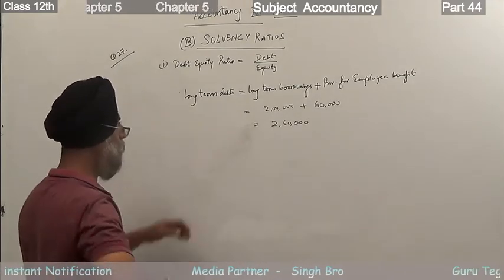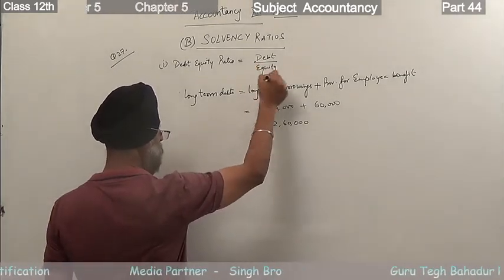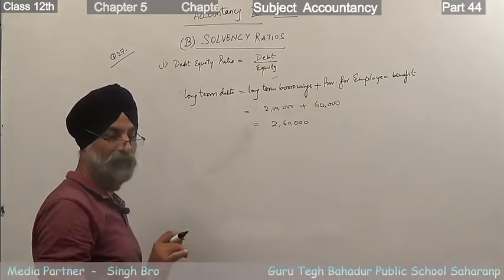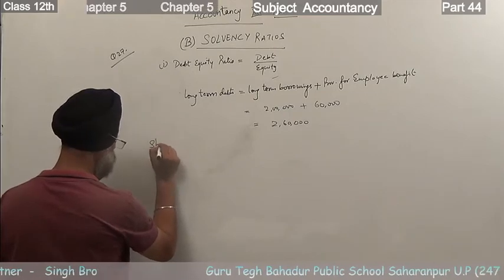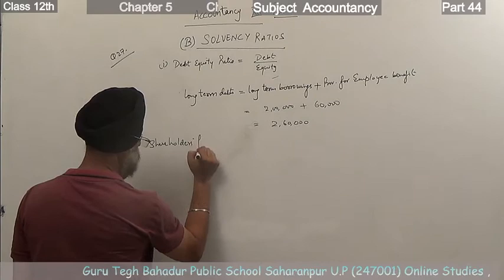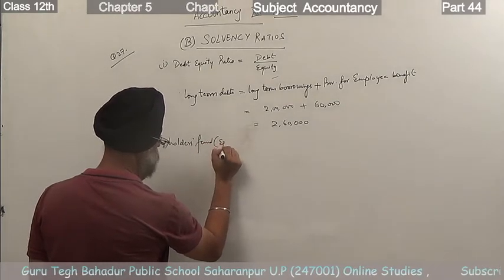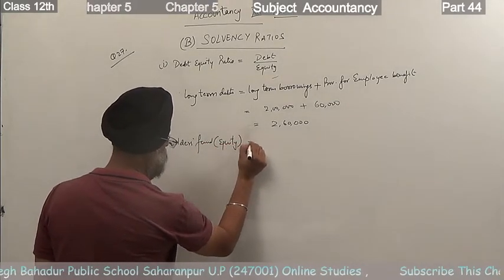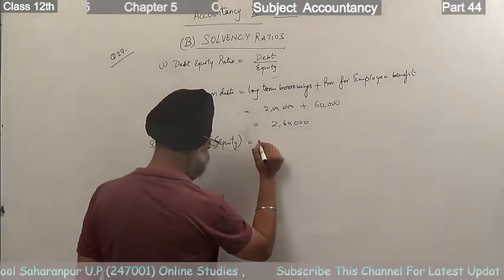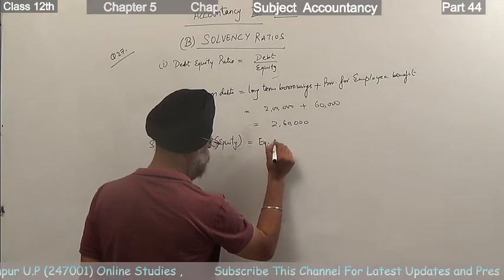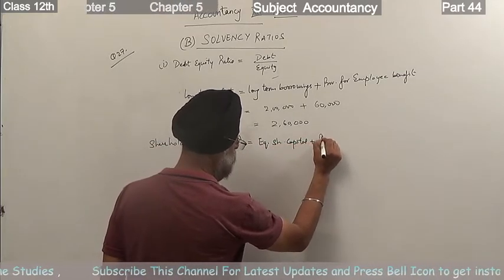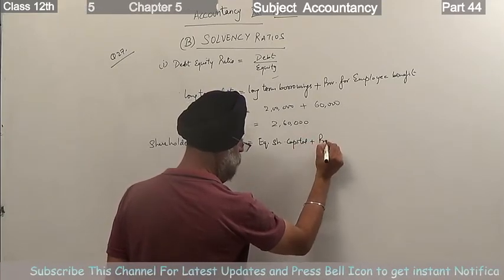Now shareholder fund. This equity, in the formula the word is equity in the denominator. This equity means shareholders fund. So shareholders fund means equity. In this we have to take equity share capital plus preference share capital, total share capital.